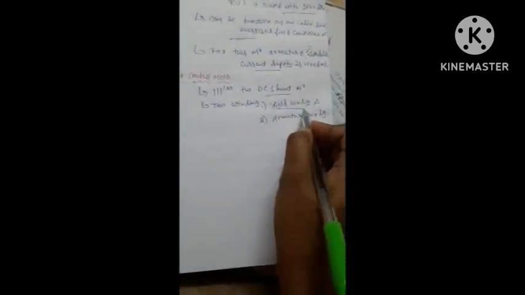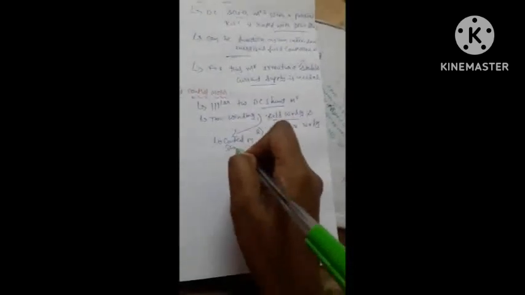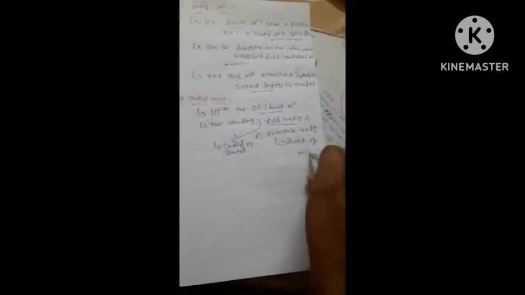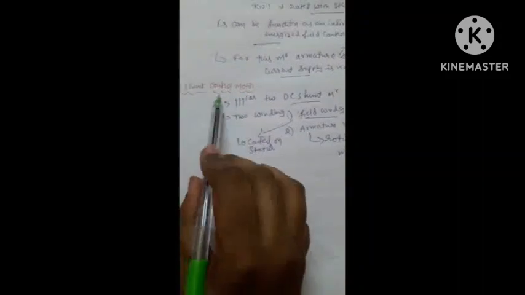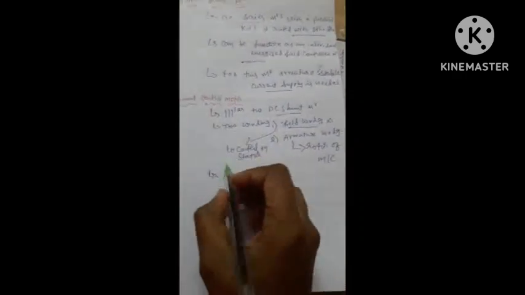Of these two windings, the field winding is located on the stator of the machine and the armature winding is located on the rotor of the machine. The two windings are connected to the DC source in parallel.